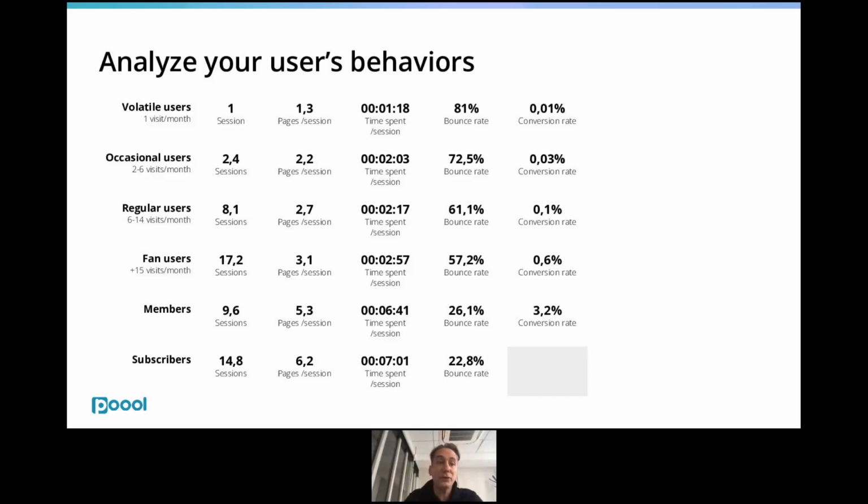And if you just focus on members, they are great because not only do they generate more visits, more page views, more inventory, and first-party data, but also the conversion rate is way higher when you introduce a subscription offer, 3.2%. So that's the link between engagement, membership, and conversion rate as far as subscription is concerned.